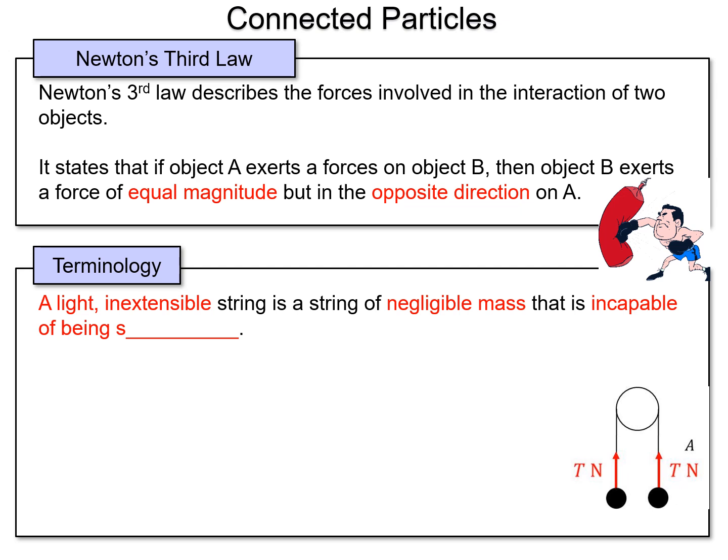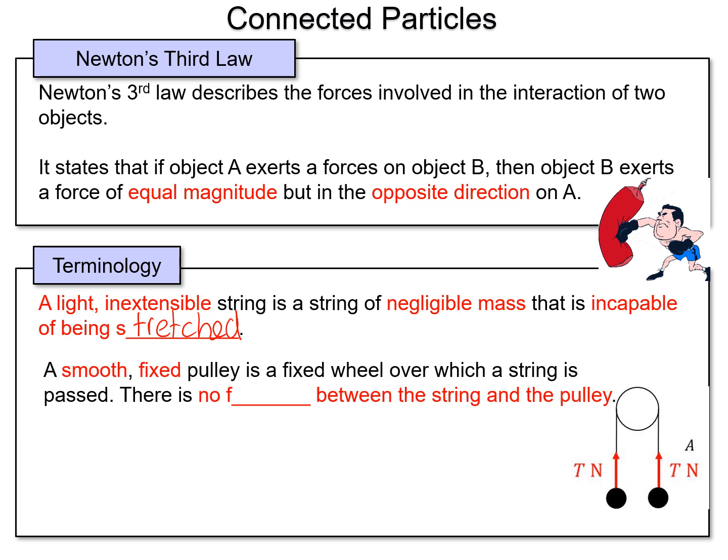A light inextensible string is a string with negligible mass and is incapable of being stretched, because it's not like an elastic. A smooth fixed pulley is a fixed wheel over which a string is passed, like in this diagram.